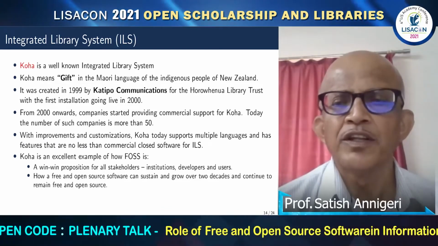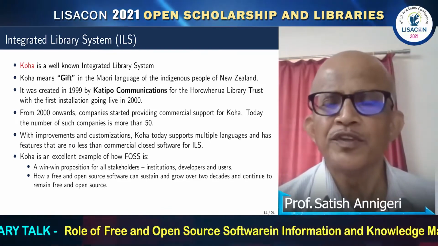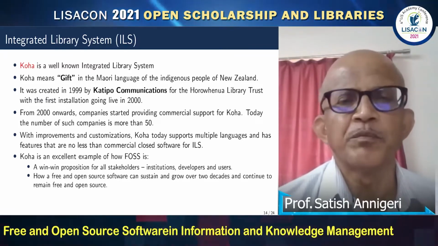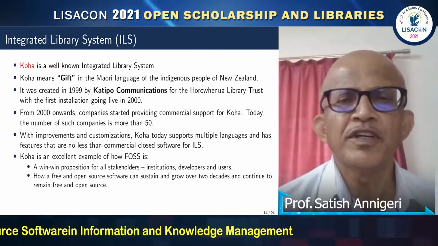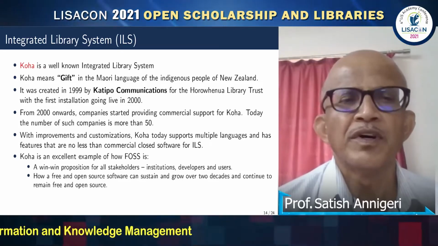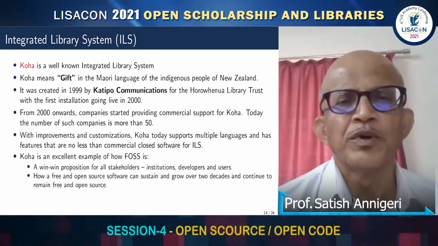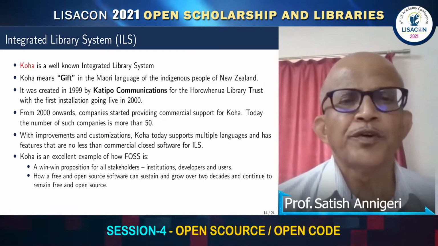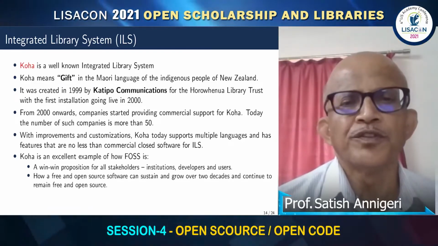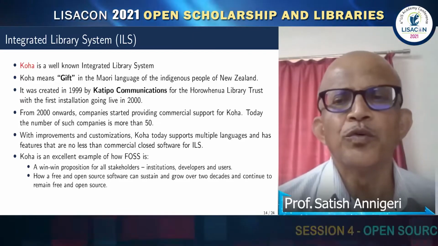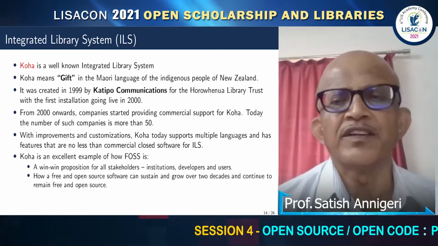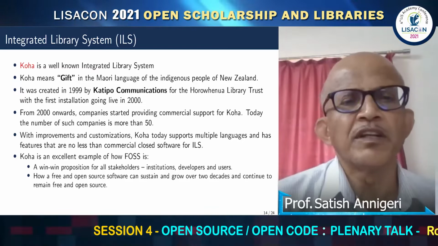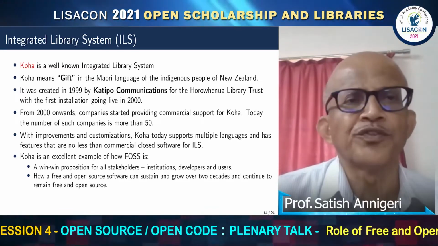You can see that not only the institutions and the end users, even the developers benefit, because there are 50 companies who earn their revenue by customizing and improving Koha. And this also is a good example of how a free and open source software can sustain and grow over 2 decades and continue to remain free and open source.